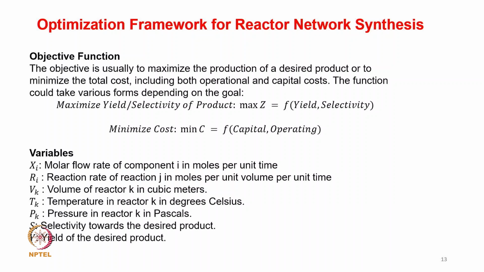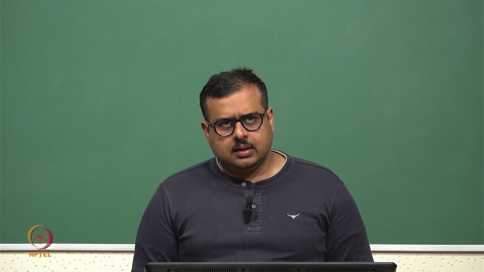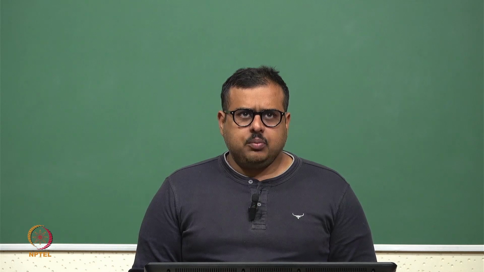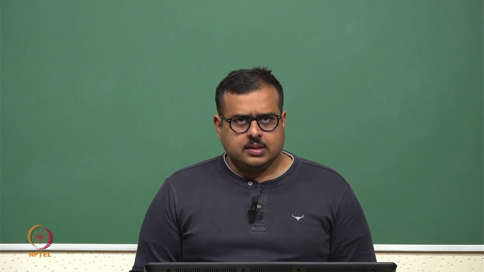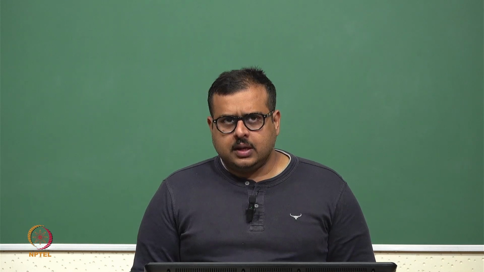In most cases, selectivity is considered an important variable because you have multiple outputs, and your desired product should be produced superiorly compared to the other byproducts. Or you can have a function that takes care of both yield and selectivity, for instance a summation or some other function.